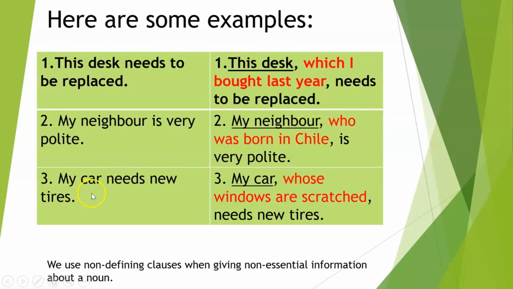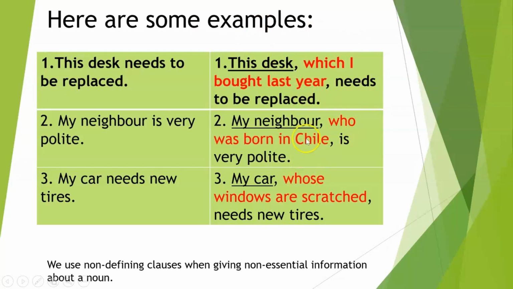We can say my car needs new tires, or we can say my car, whose windows are scratched, needs new tires. So in each situation, we have a noun followed by a clause that begins with a relative pronoun, which, who, and whose.